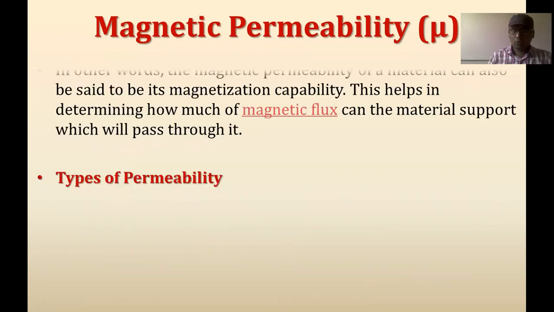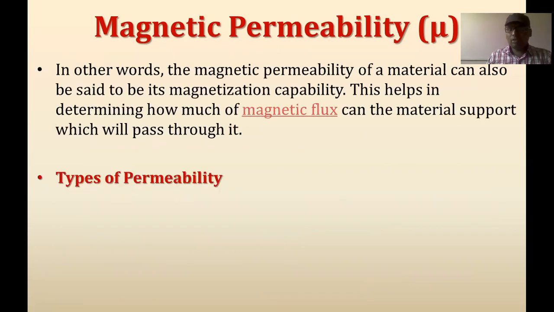Now, in other words, the magnetic permeability of a material can also be said to be its magnetization capability. If the material can easily pass the flux lines through it, that material will be self-magnetized. It means the material itself acts as a magnetic material, like an electromagnet.